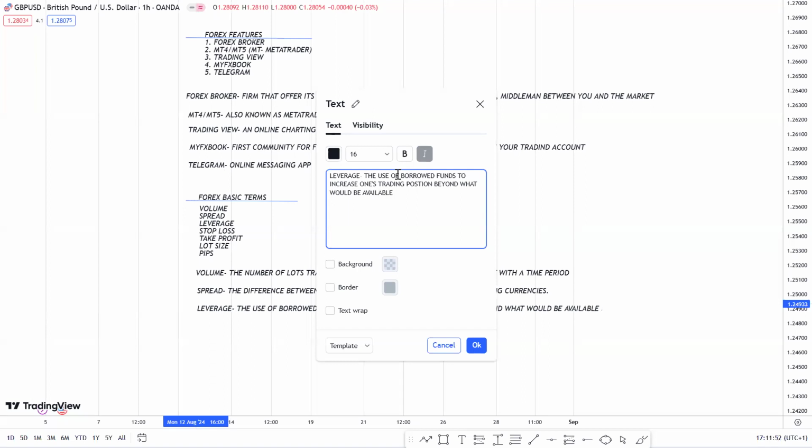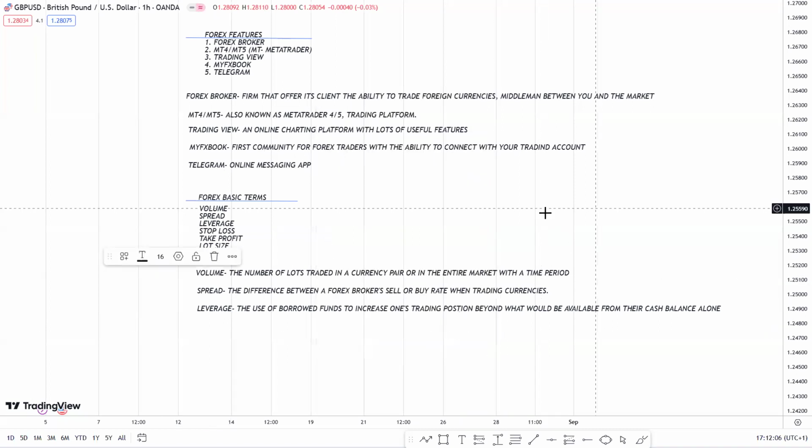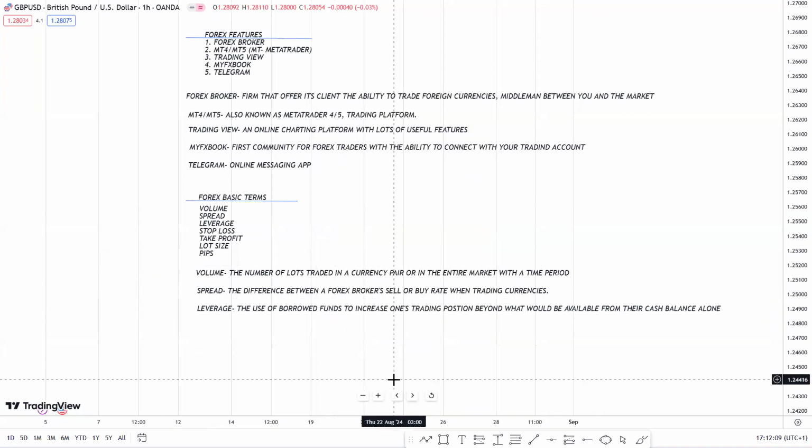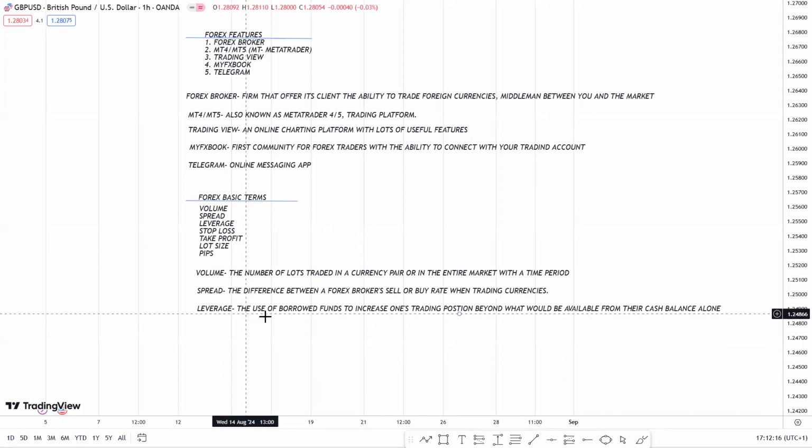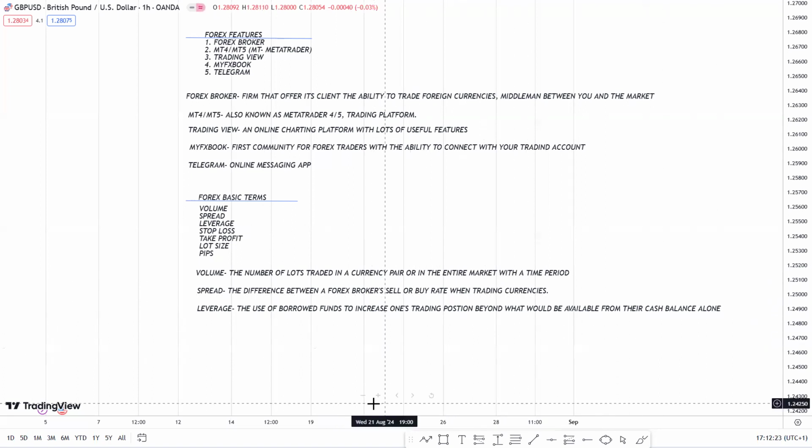Sometimes a trader may have a $10 trading account, and you'll be able to place a trade that is more than your account size. Why? Because they lend you the funds, they give you leverage in the market. So leverage is the use of borrowed funds to increase one's trading position beyond what would be available from their trading balance alone. And forex traders often use leverage to profit.